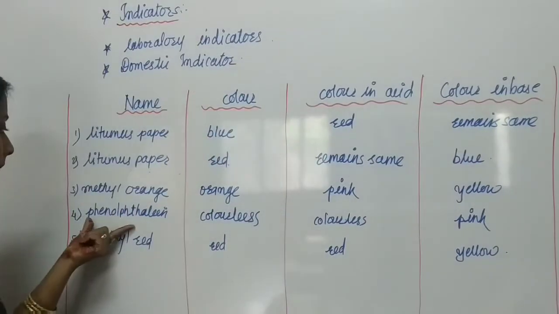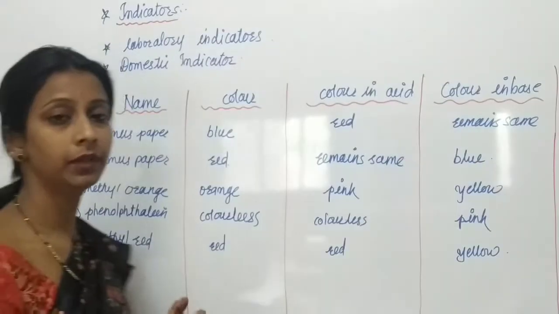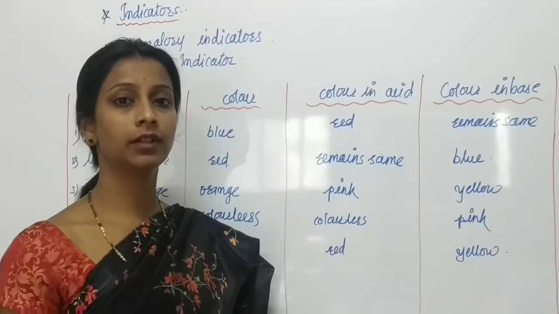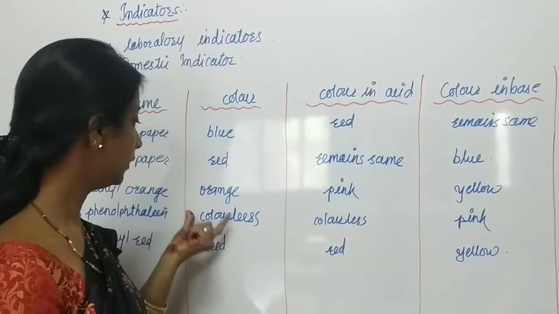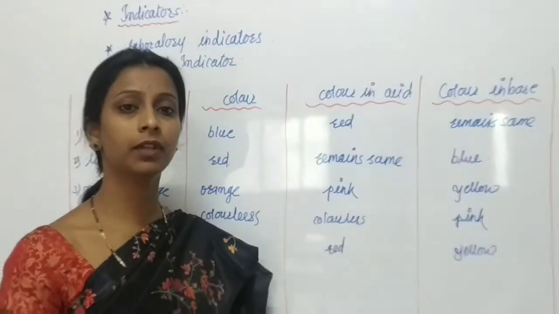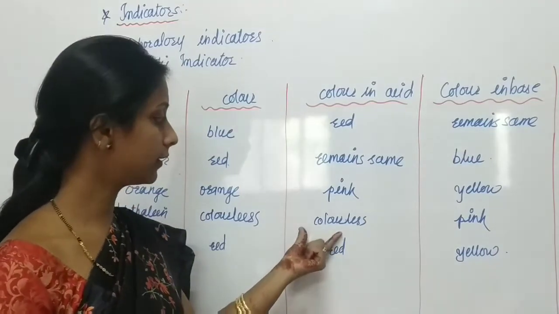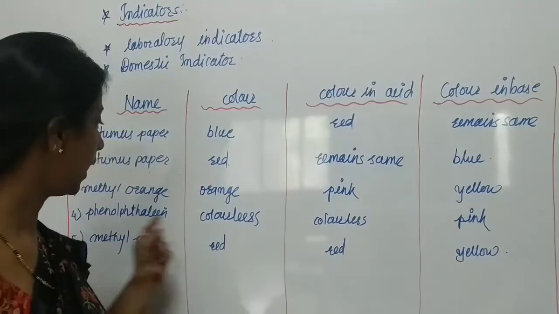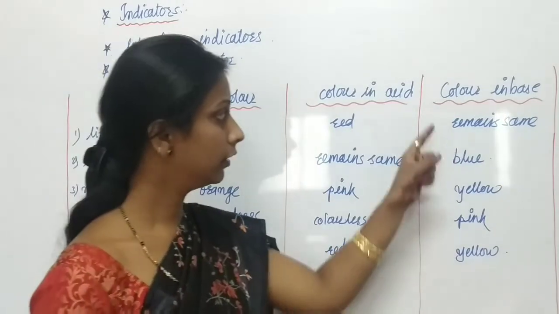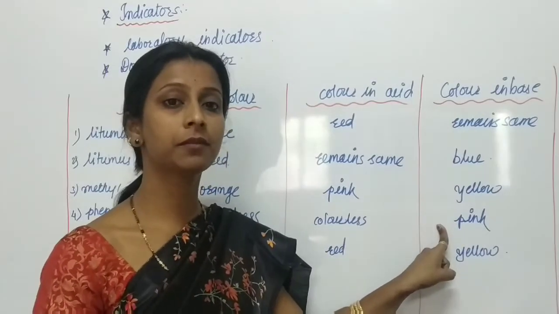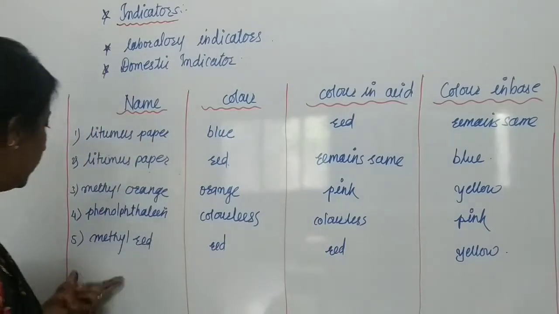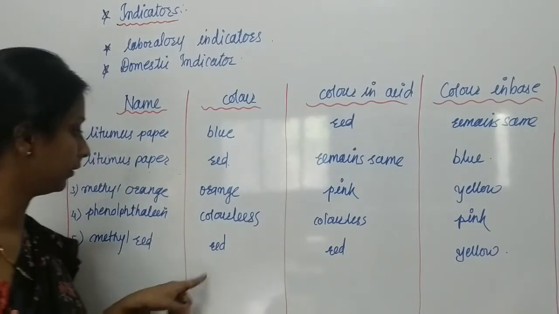Next, phenolphthalein. The phenolphthalein indicator is already colorless, and when we add this colorless phenolphthalein to acid, the acid remains colorless. When we add it to bases, the base becomes pink. Next, the last one, methyl red.